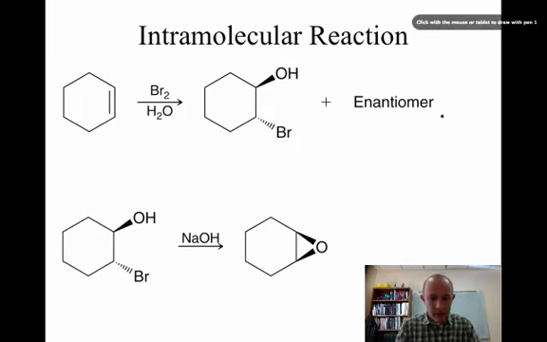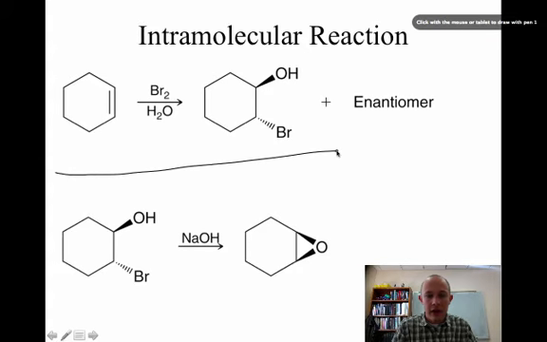Well, previously we talked about when you have an alkene and you react it with bromine and water, you can get this compound. It's called a bromohydrin, right? But one thing that I neglected to mention before is that alcohols are pretty decent nucleophiles, especially if you deprotonate them, and alkyl halides are pretty good electrophiles.